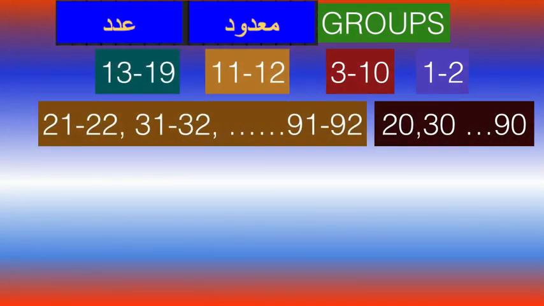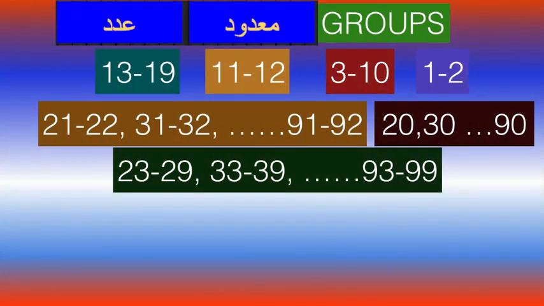And from 21 to 22, again we have these couples coming together, 31 to 32, 41 to 42, where again they will have na'at man'ut, everything will match. And from 23 to 29, 33 to 39, again depending on which noun is being counted, from number 3 the genders will switch. So we need to keep that in mind, inshallah.